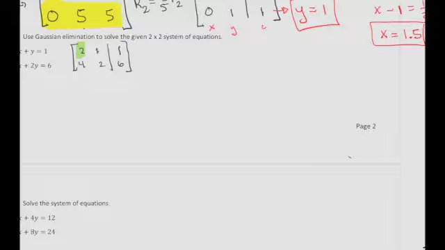I wish I could just add the two equations together to make a 1. I really can't, so I think what I'll do is just multiply row 1 by 1/2. So my new row 1 is 1/2 of previous row 1. Okay, 1, 1/2, 1/2.